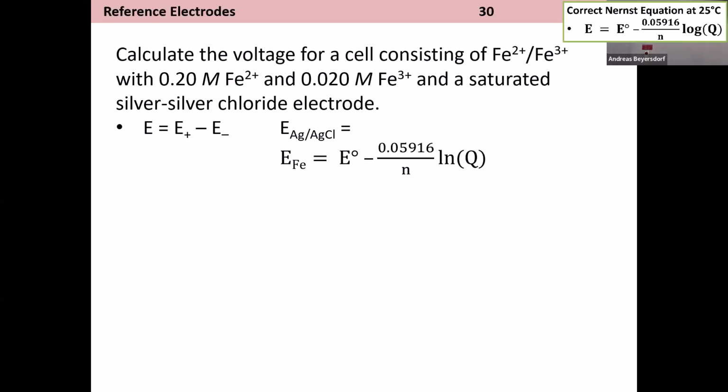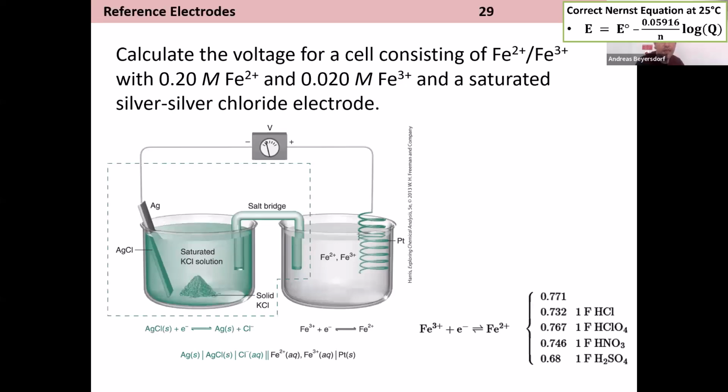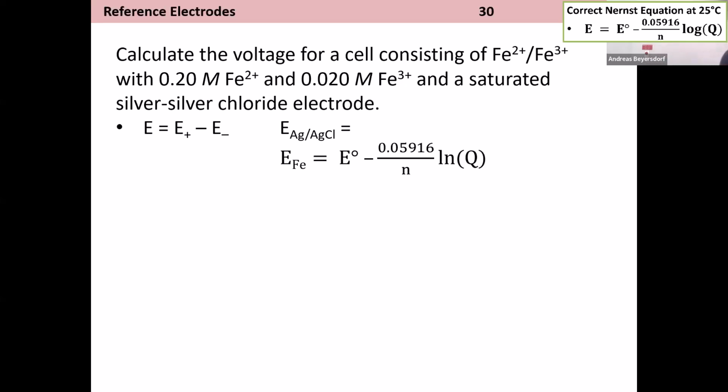All right, so if I go back to the previous slide, I have that 0.771. That is our reduction potential, okay? So if I have Fe2+ and Fe3+, which one of these is reduction? Fe2+ going to Fe3+ or Fe3+ going to Fe2+?